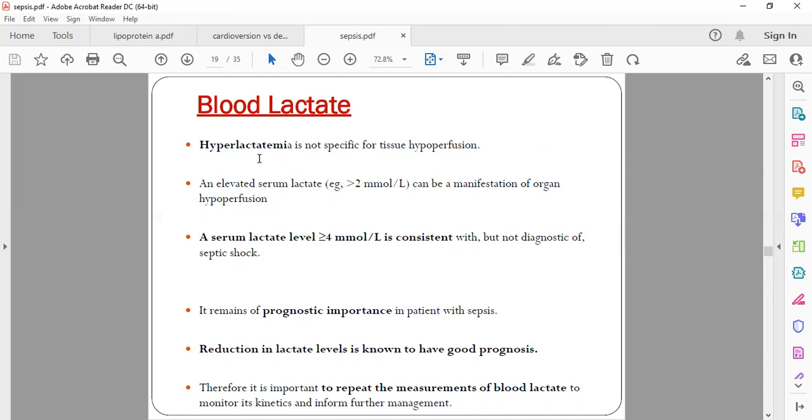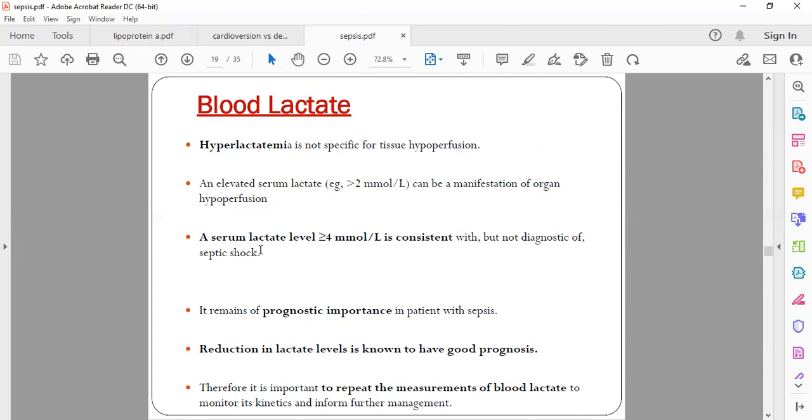Anaerobic metabolism uses glucose, and the end product is lactate. So the higher the lactate value, the more the hypoperfusion and the more the use of anaerobic metabolism. That can be an indirect marker of sepsis.